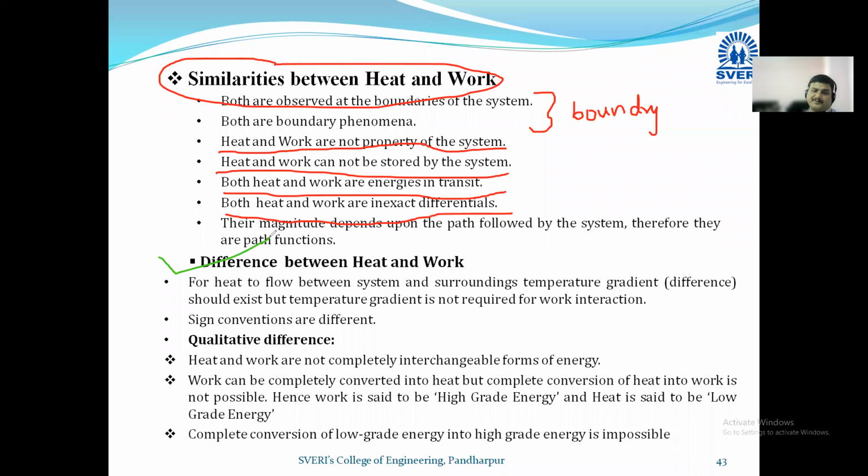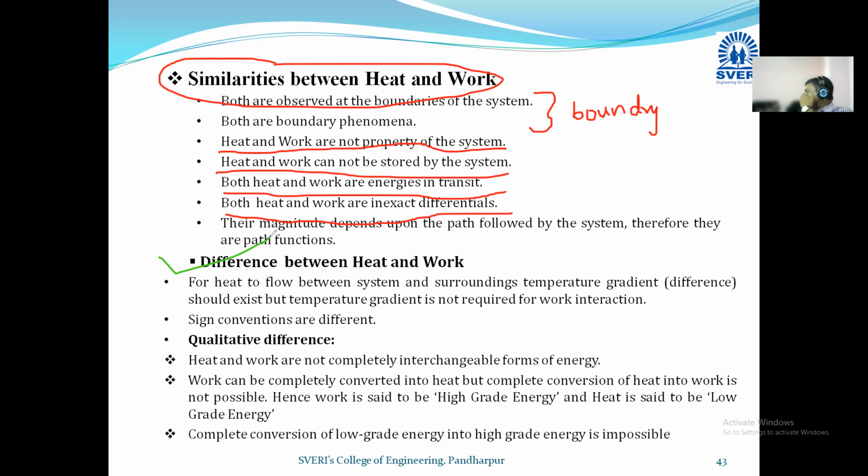For heat to flow between system and surrounding, temperature gradient should exist, but temperature gradient is not required for work interaction. Means when there is a temperature difference, heat can flow. But when there is a temperature difference, this is not a hard and fast rule that work should also be carried out in that particular process.